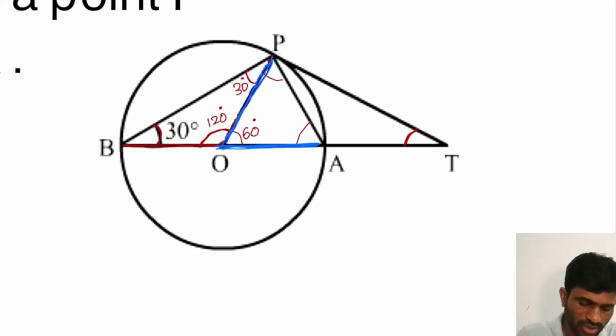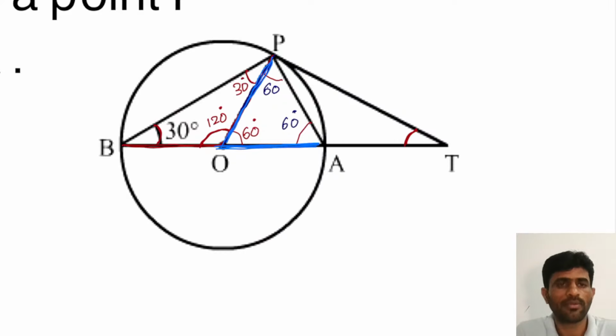When OP is equal to OA, then these two angles are also equal. So let us take x and x. And x plus x plus 60 should be 180. So these two also should be 60 degrees. Okay, hope you understood this.